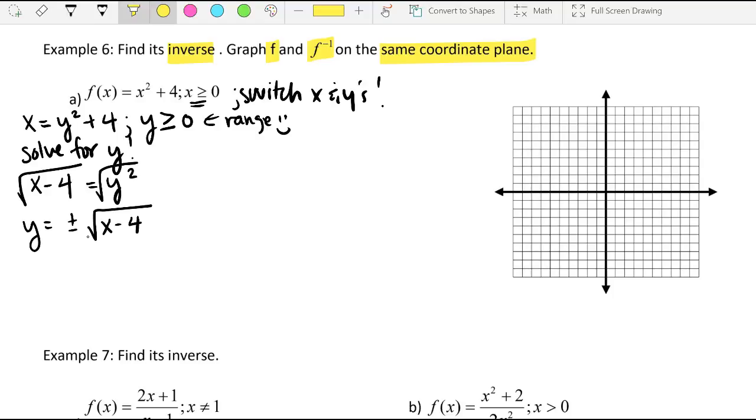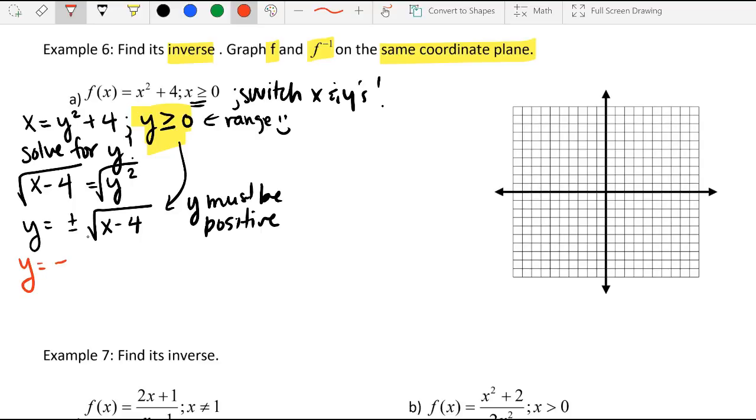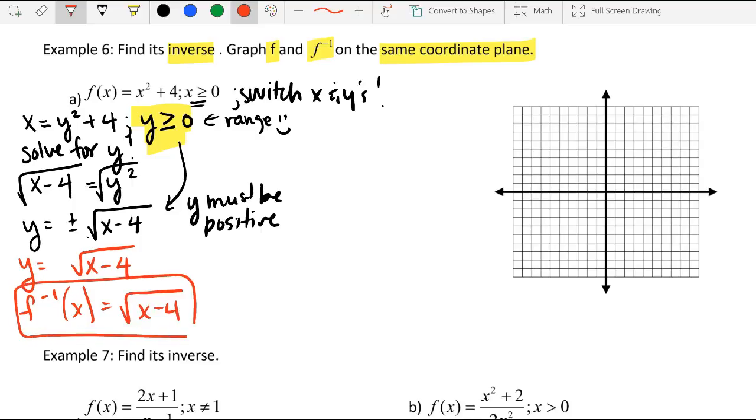But I want to highlight this: it says y is greater than or equal to 0, which means y must be positive. If y is positive, you may only keep the positive square root of x minus 4. Writing a positive in front is kind of silly, so you don't have to, but that's what I'm trying to say. So this is my inverse function, which we use this notation to denote that it's an inverse function. So we found the inverse.